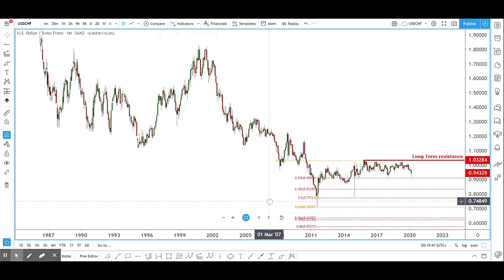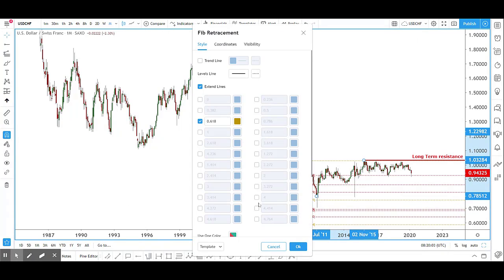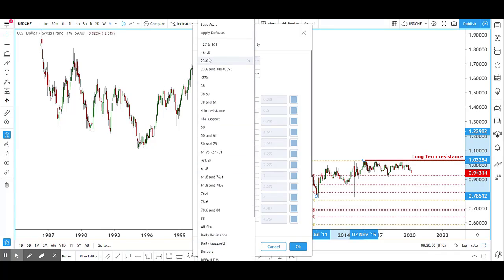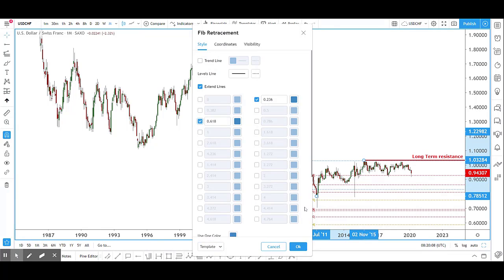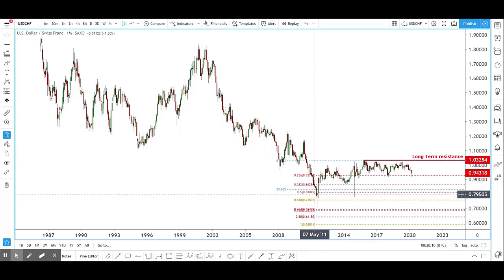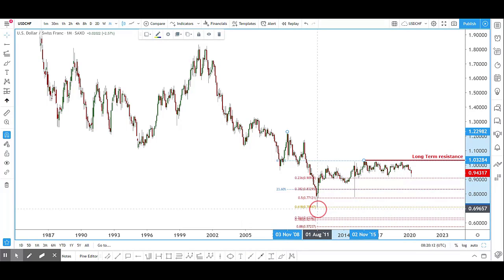And immediately we see that there are extensions here on this 23, there's extensions here on this 38, 50 and 61.8. What is interesting is right now there's an immediate extension here, and I want to take the low here, the 61.8, as a long-term support. So I'll just open the 23 and the 61.8 and let me adjust it accordingly.